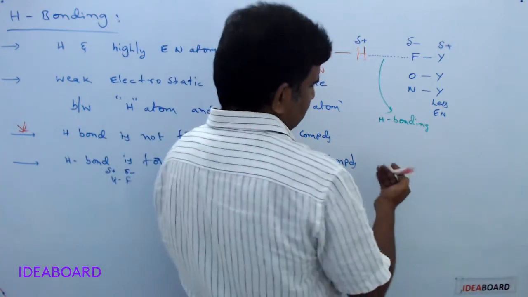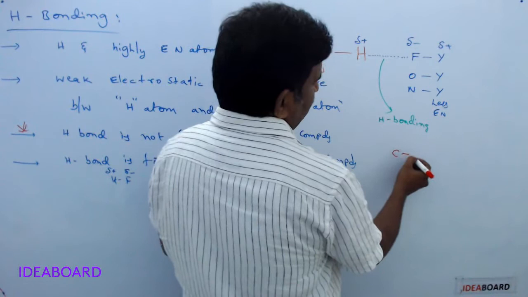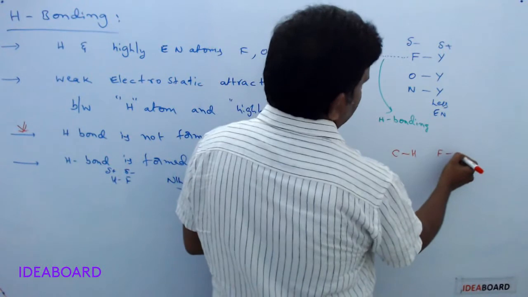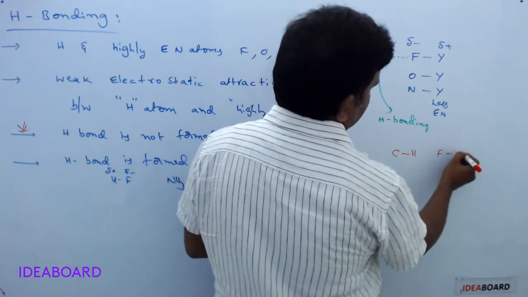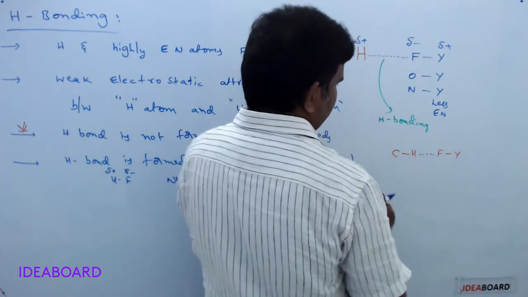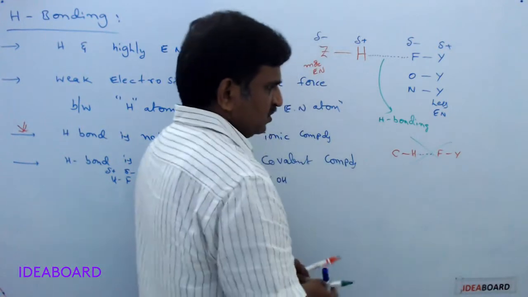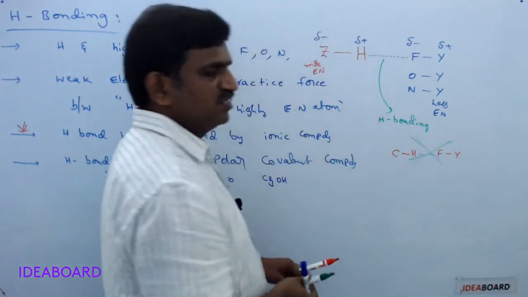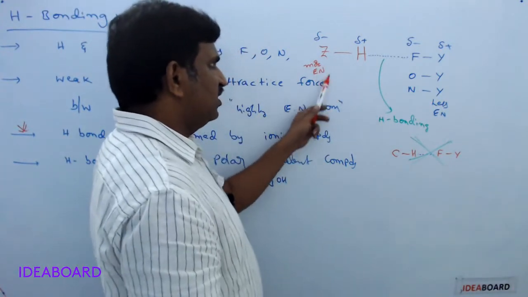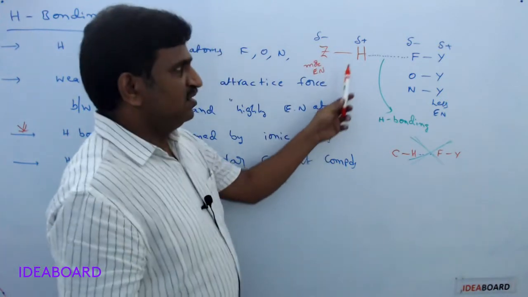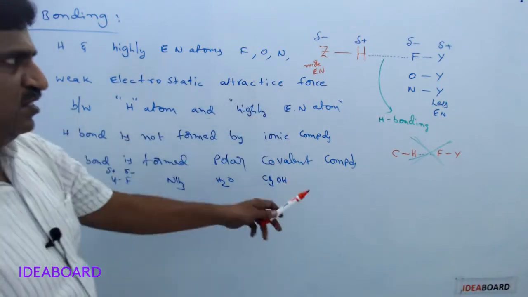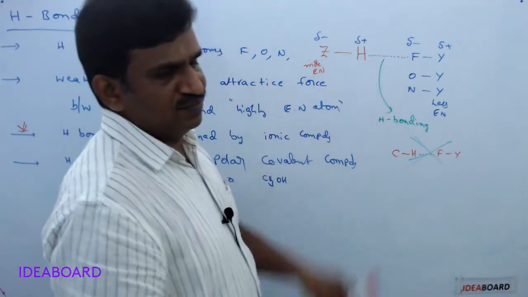Sometimes somebody without complete knowledge will say, like carbon-hydrogen here, and fluorine, and some Y may be present, that here also there is a hydrogen bond. But this is completely wrong. In this type of molecules we can't get hydrogen bonding. Whenever the hydrogen is bonded to a more electronegative atom, then only it forms weak electrostatic attractive forces with highly electronegative atoms.